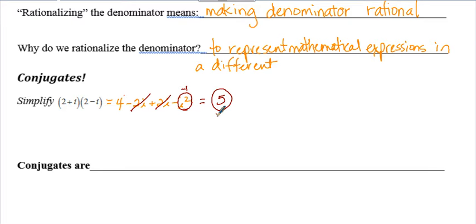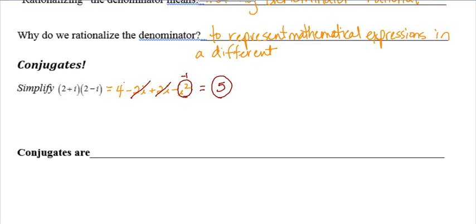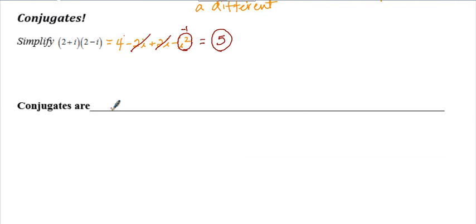We have rationalized this. The term we use to describe 2 plus i and 2 minus i is conjugate. 2 plus i and 2 minus i are conjugates of each other. They are the same binomial with the opposite sign between.